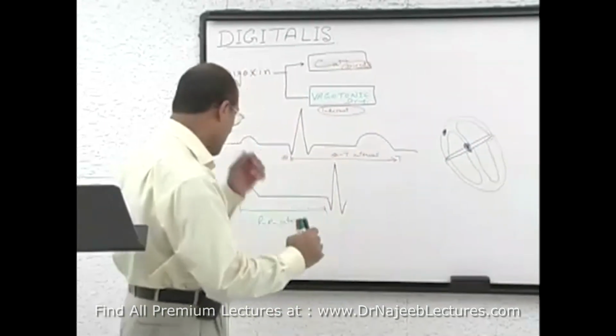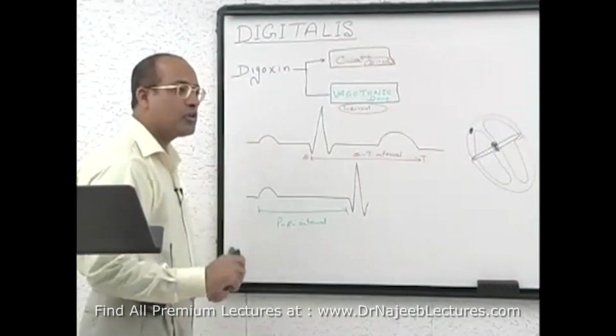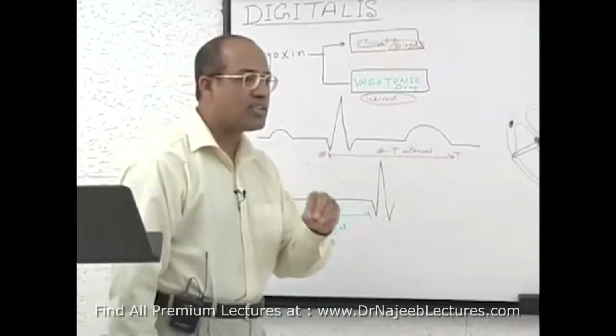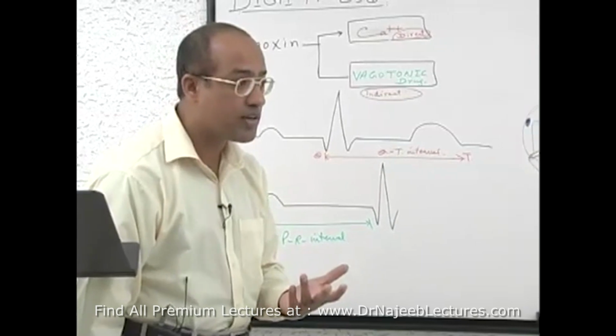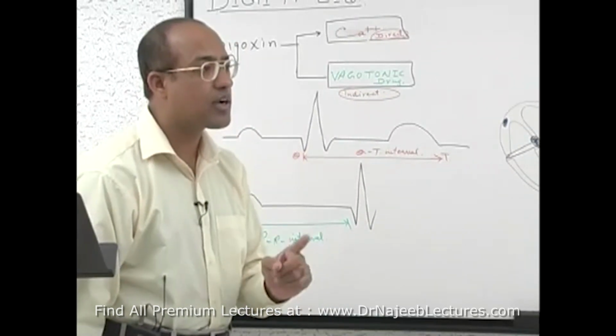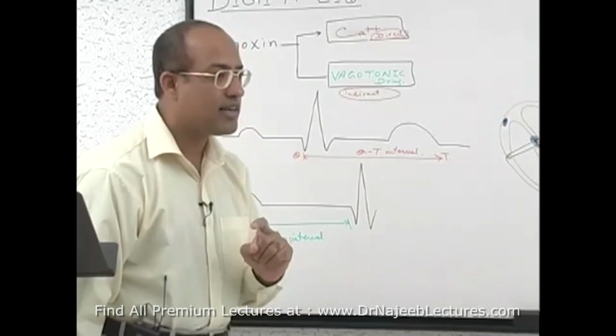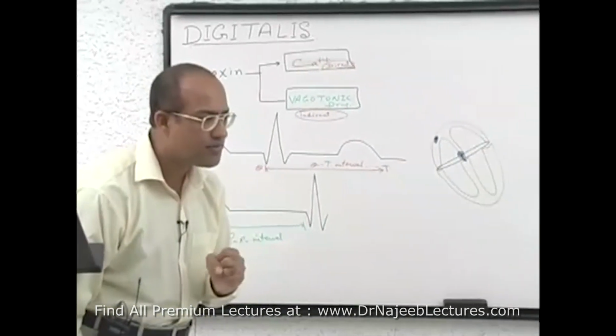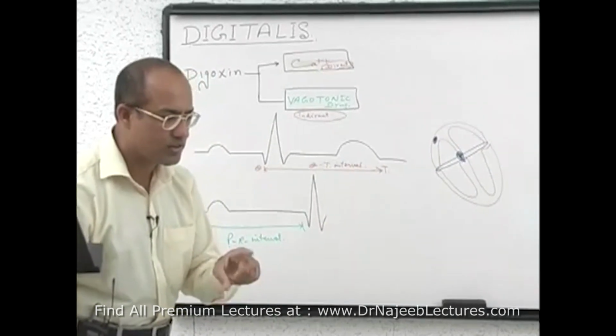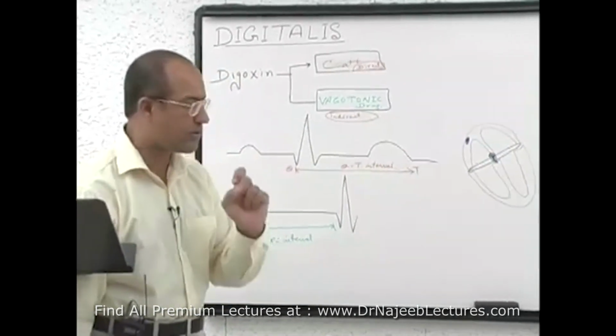Clear? Now listen. I told you that when you are loading the cells with calcium, they become positive inotropic as well as positive clinotropic. In clinotropy, I told you that there is increased velocity of contraction. Is that right? There is increased velocity of contraction.